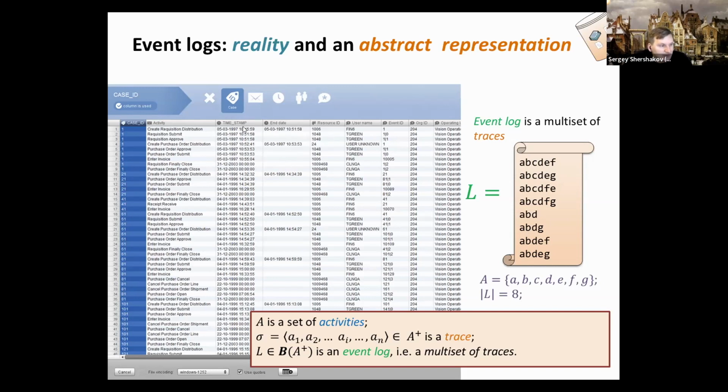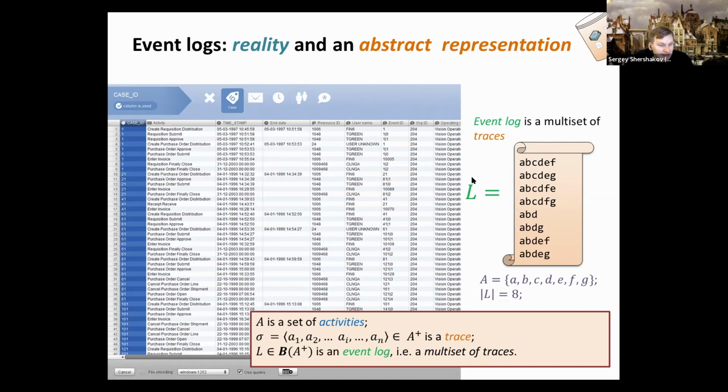And if you have such a mapping, we may simply think of this log as a set of traces. One trace, second trace, third trace, like a string in a text file here. And each letter here, a single character, represents a single action from the initial table, you see?